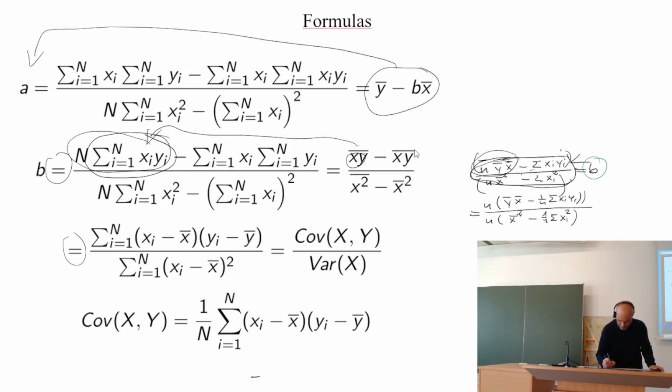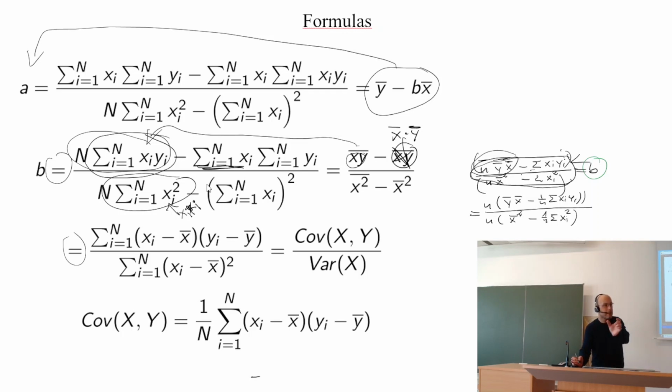Oh, this is wrong here. I see. Sorry, this I have to change, because here I have the average only of x, so this has to be x times y. And if I look at the denominator, then again, this is nothing else than xi times xi.